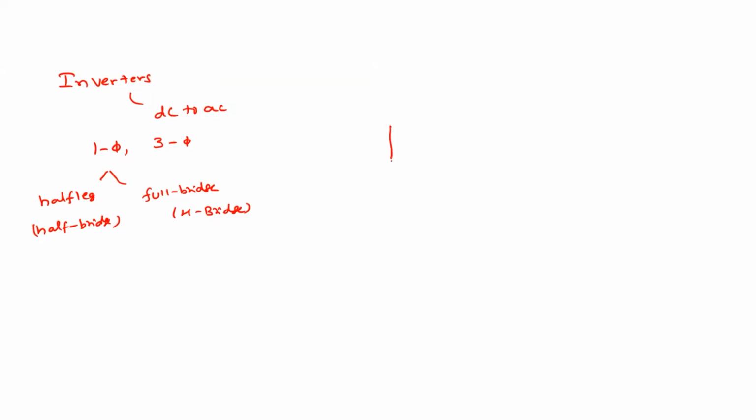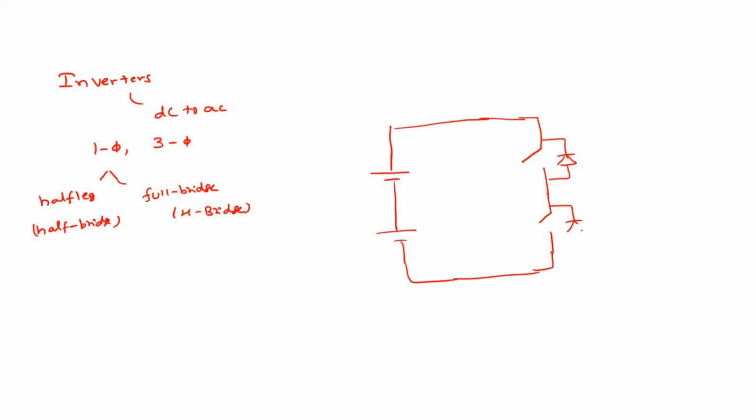You require a split DC supply. Let us assume these are the switches. Let us assume this is S1, this is S2, this is diode D1, and this is diode D2.